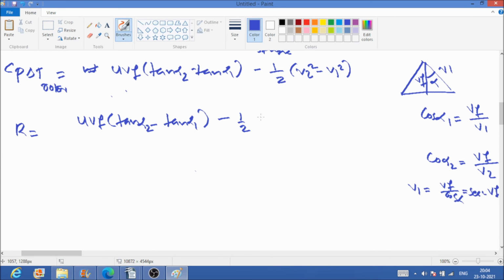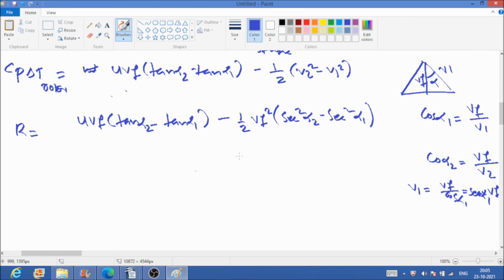Now come back to here. V1 will be equal to sec alpha 1 Vf, and V2 is equal to sec alpha 2 Vf, so this is Vf square into sec square alpha 2 minus sec square alpha 1.